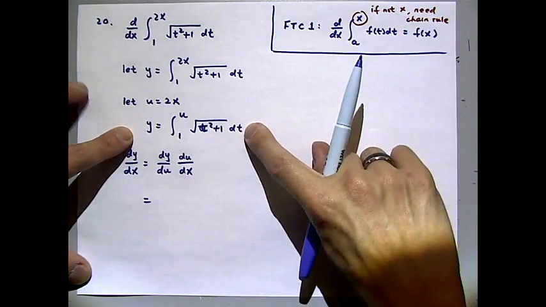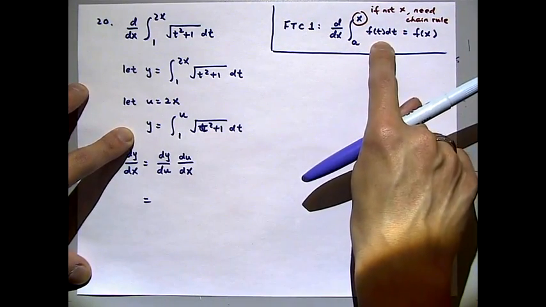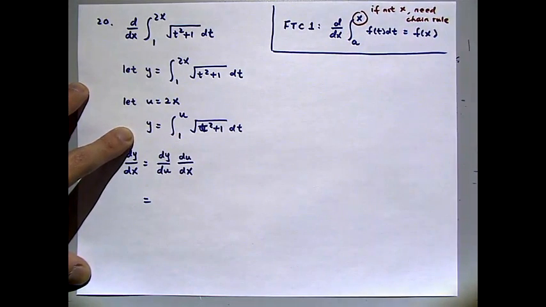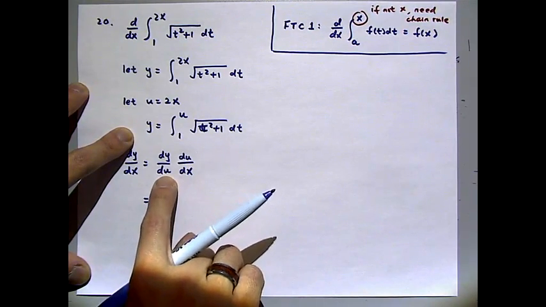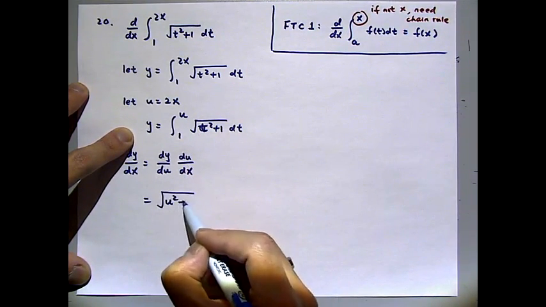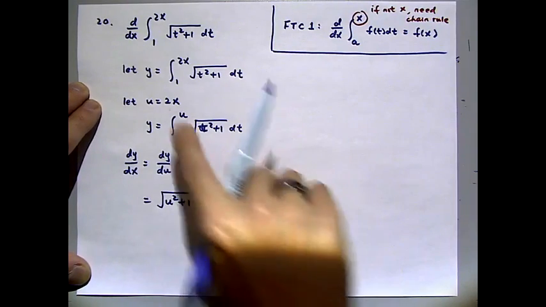For dy/du, we can use the fundamental theorem of calculus directly, because it's now just changing x to a u. Dy/du will give me radical u squared plus 1. And then du/dx is 2.